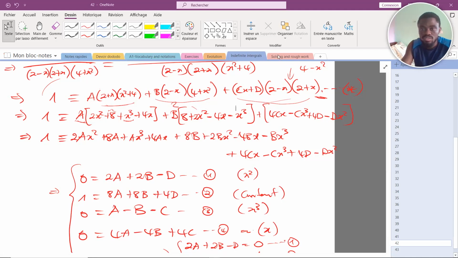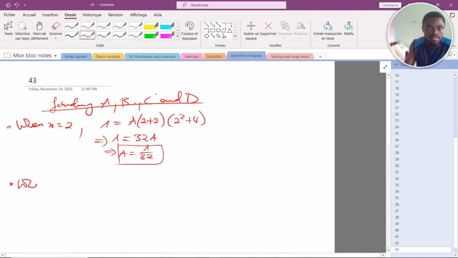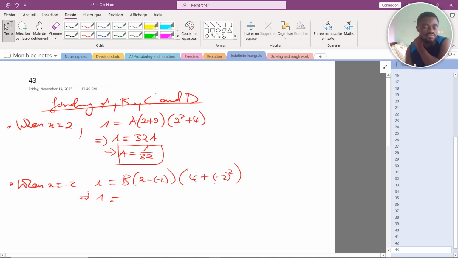So when x equals minus 2, 1 will be equal to b into 2 minus minus 2 into 4 plus minus 2 squared. This implies 1 will be equal to 4 plus 4, 8 times 4 is 32, so I will have 32b.